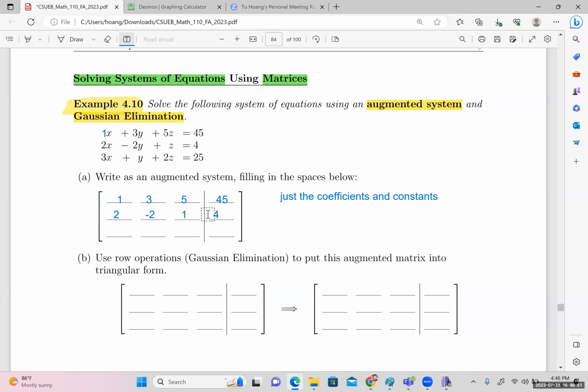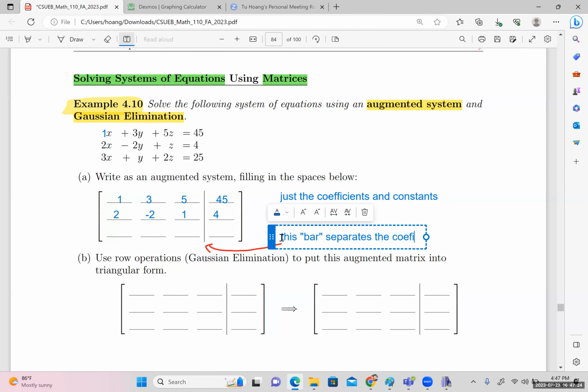Keep in mind that we have the bar over here to separate the constant and the coefficients. This bar separates the coefficients and constants.